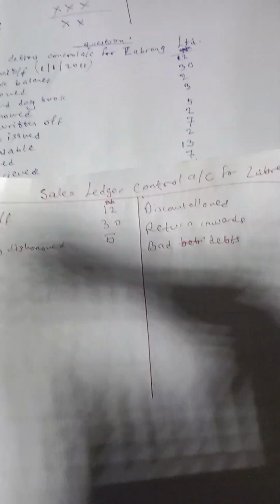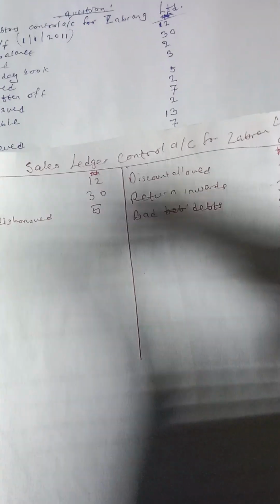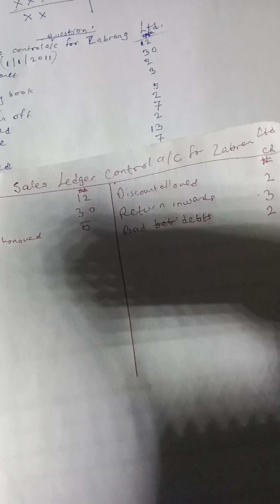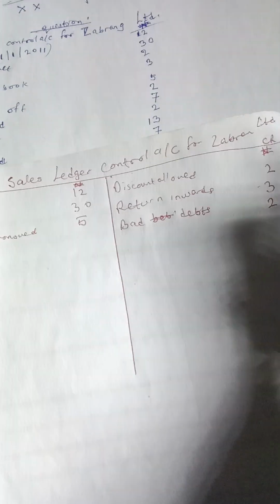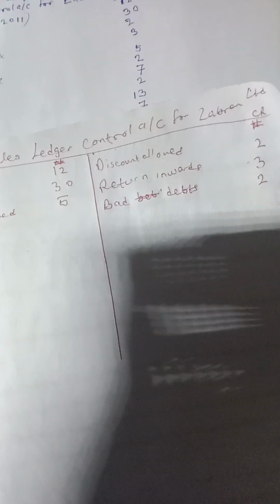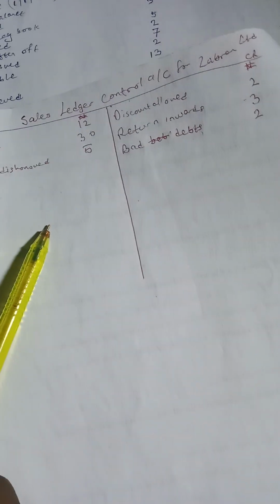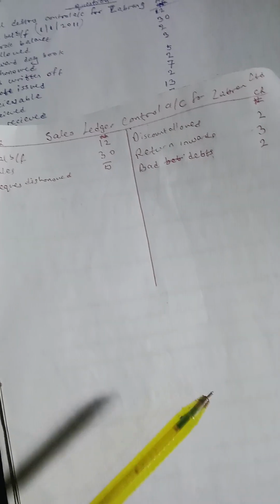If bad debts are added to the additional information, that's because there is money that you cannot recover again, so you have to deduct it from the money that you expect to recover. The same thing here: the debtor has a debit balance, and if you credit the bad debt, you are reducing the balance. So you have indirectly deducted that bad debt. When you are asked to prepare a balance sheet from this account, you don't have to deduct bad debt again from the debtors because it has been done here for you.